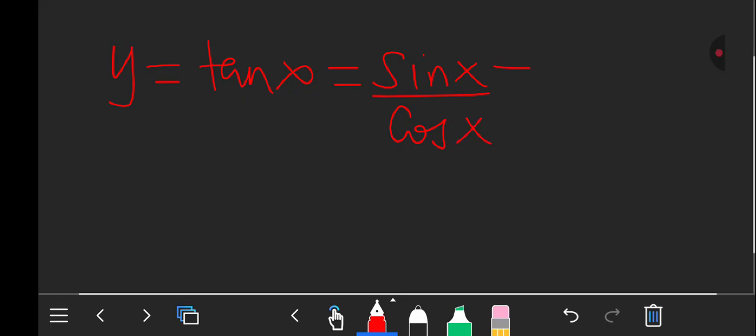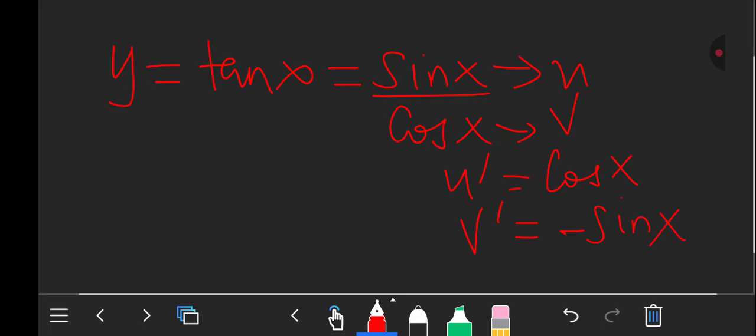Then you let sin x be u, then cos x be v. At this point, we find our u prime, the derivative of sin x, which is just cos x. Then v prime, the derivative of cos x, is equal to negative sin x.